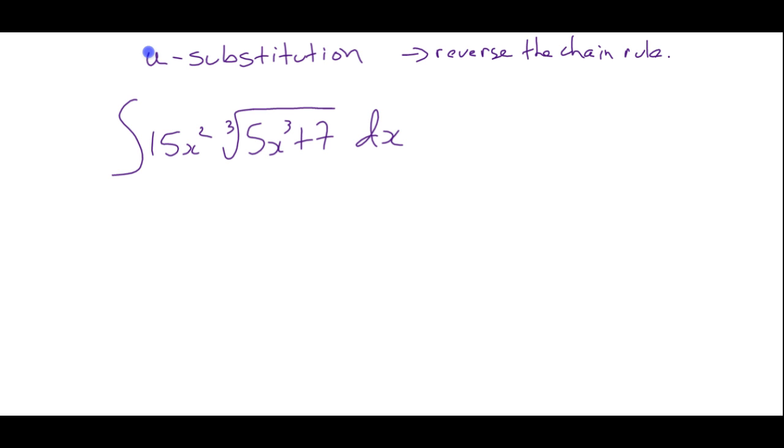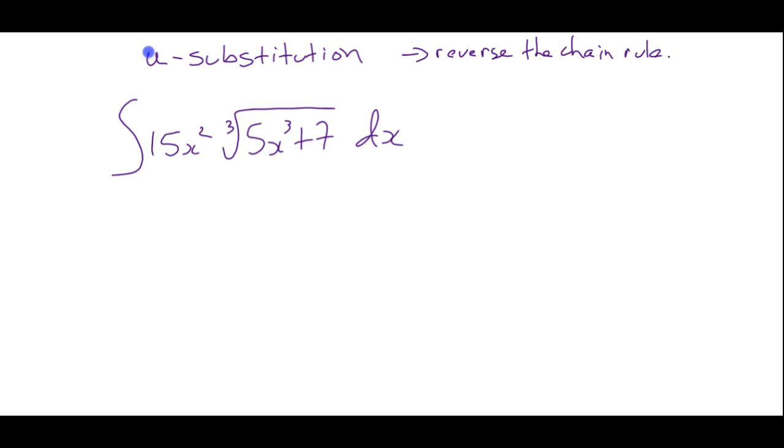Looking at that, what do you immediately notice? I've got a 15x squared, but the thing under the root sign, 5x cubed plus 7, its derivative is 15x squared, right?